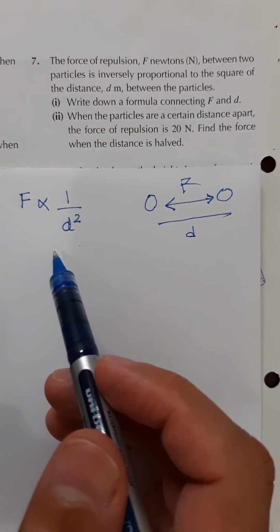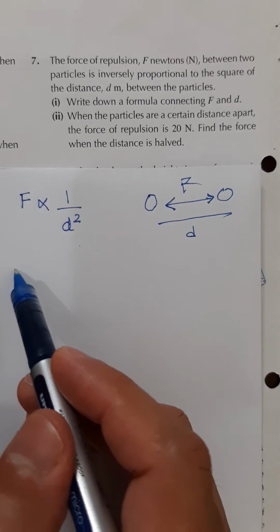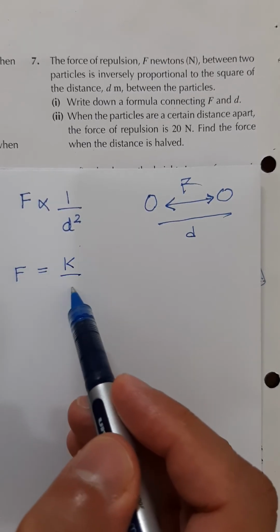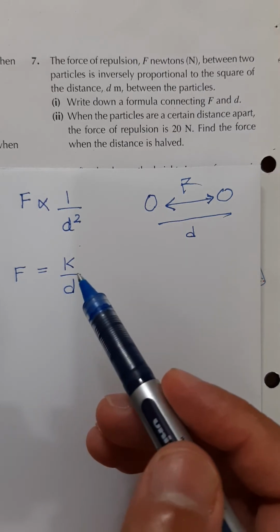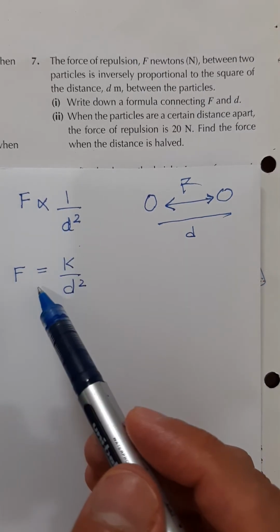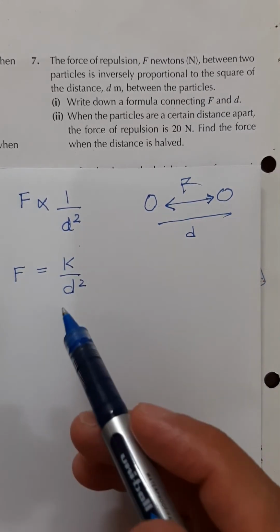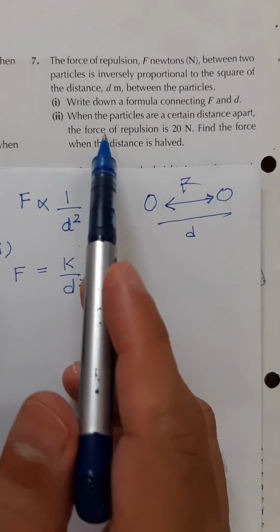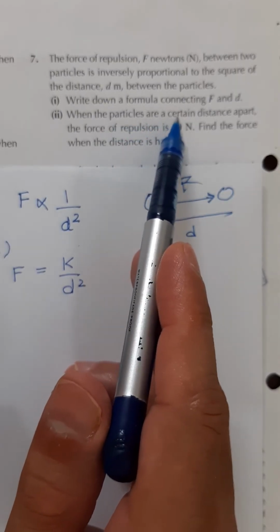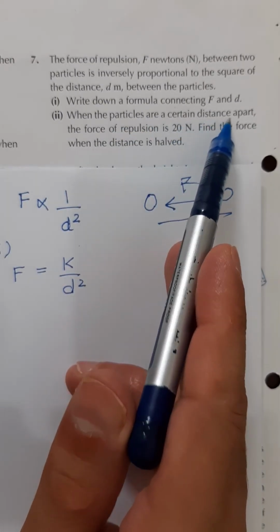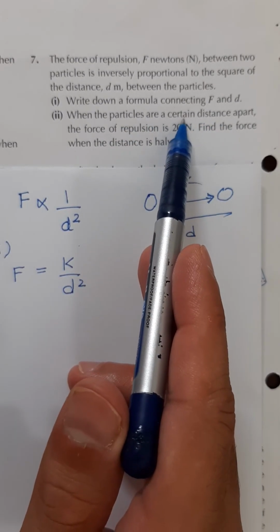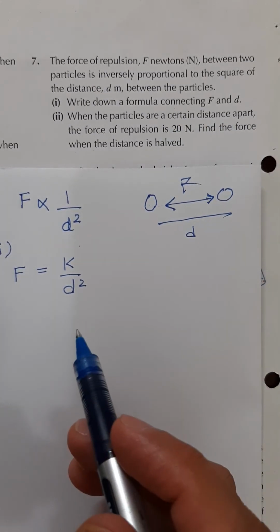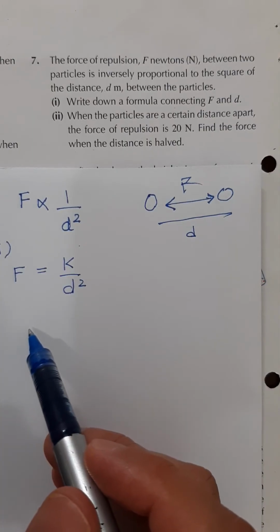So write down a formula connecting F and d. From here you can write it as F is equal to K over d square, replacing the proportionality sign by an equality sign. This is part 1. Now when the particles are a certain distance apart, they have not given you any distance.